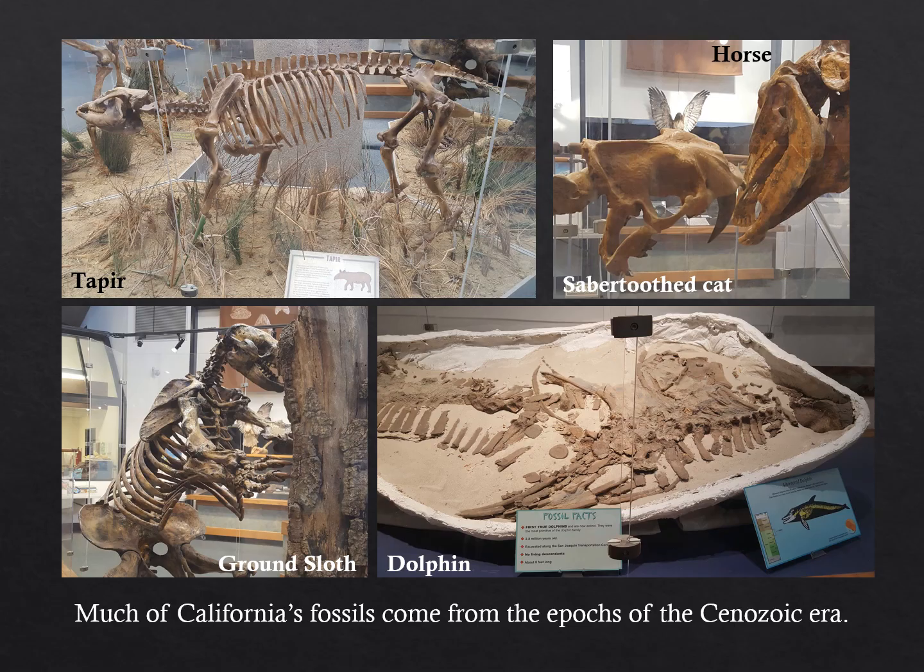We had horses here at one time, saber-toothed cats, giant ground sloths that grazed and moved across the landscape, and also, of course, dolphins, right? Dolphins not only exist today, but they also existed here along our ancient coast a few thousand years ago to a few million years ago, give or take.